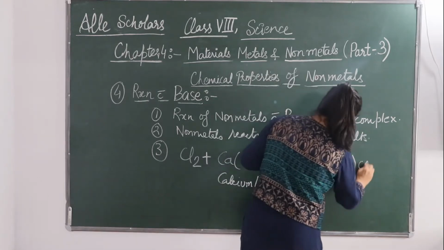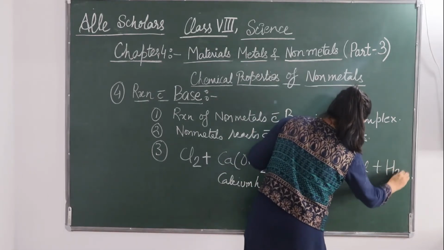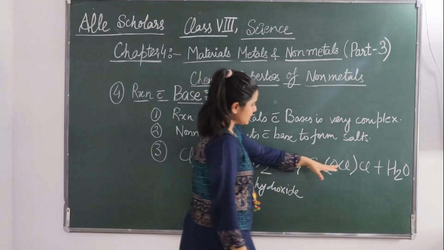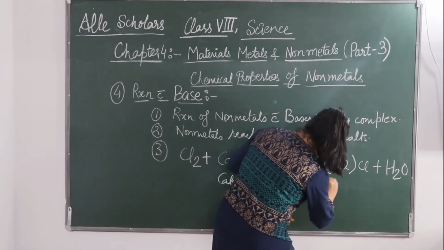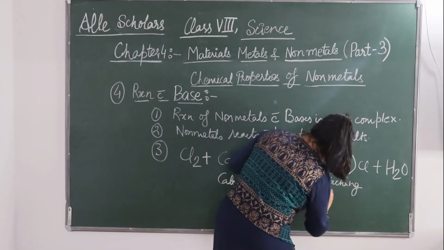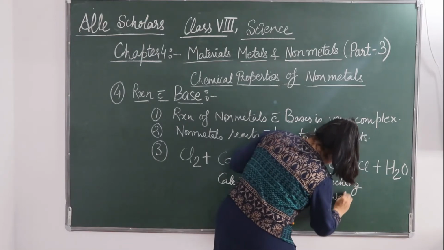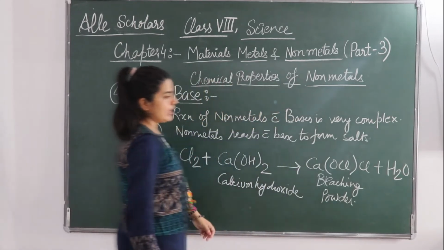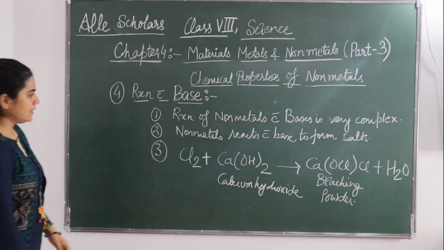One Cl will be out, plus water is being released. So this CaOCl2 is bleaching powder.